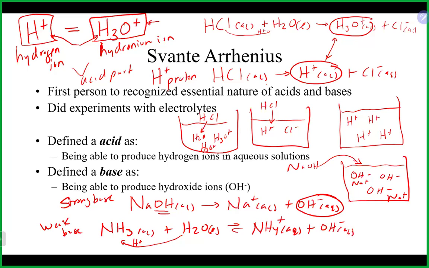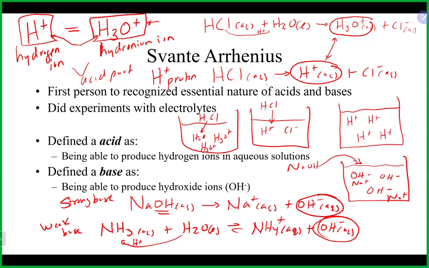So although ammonia doesn't have OH in its formula, it can react a little with water and produce hydroxide, and it is still considered a base. That is also why it is considered a weak base, because it has to do a little bit of work to produce the hydroxide.